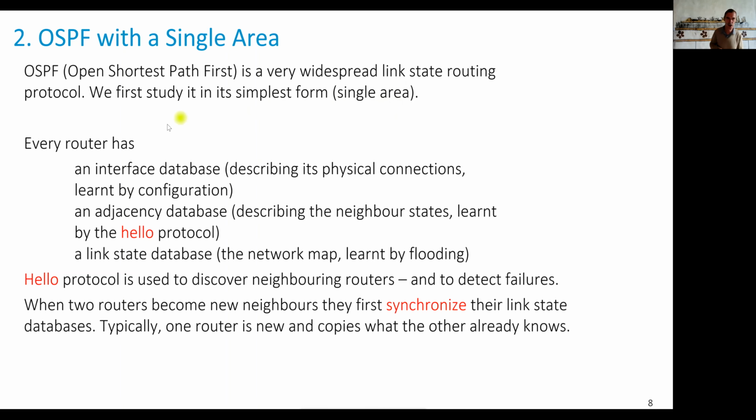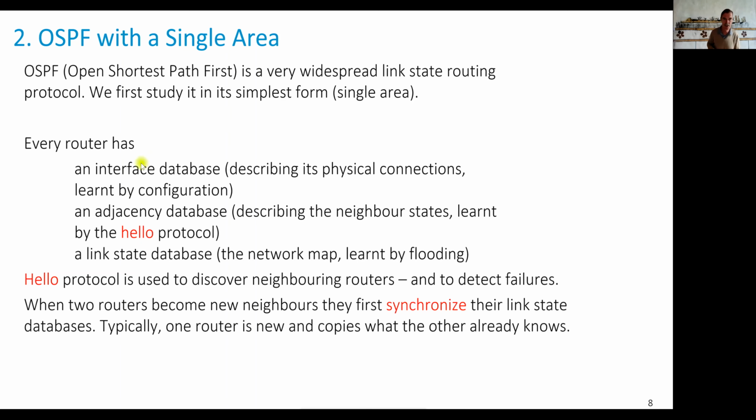So inside an area, every router has 3 databases. Remember, it uses link state. The principle of link state is that every router has a complete map of the entire network.